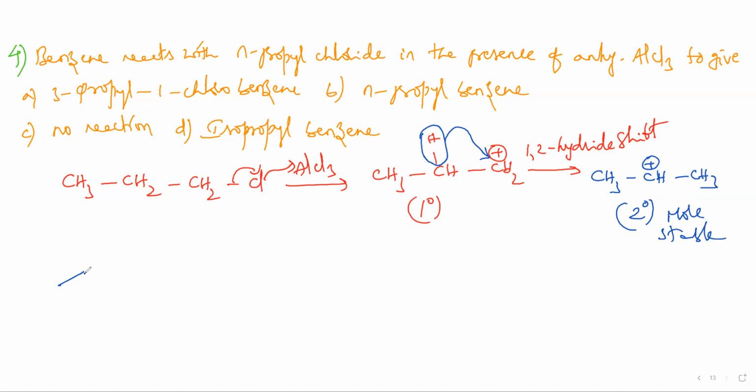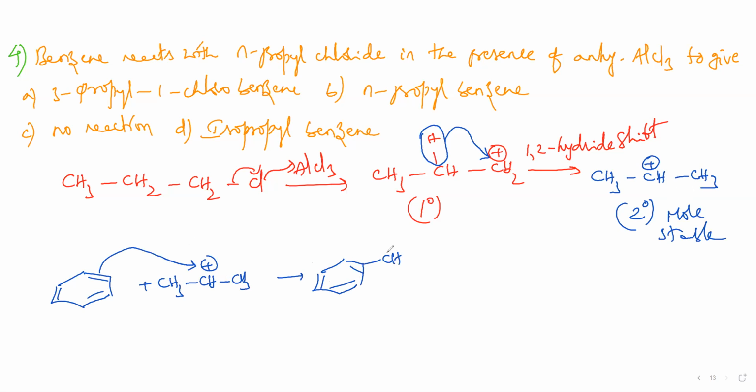Now this will react with benzene, giving CH with two CH3 groups attached. So what is this? Isopropylbenzene. So the fourth option is correct.